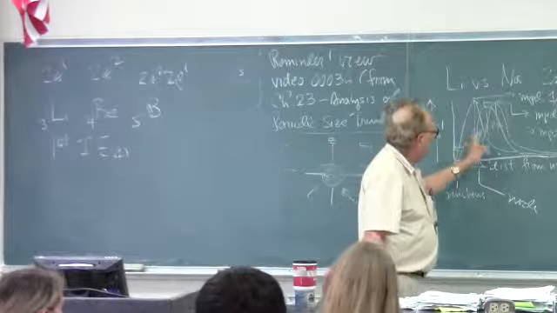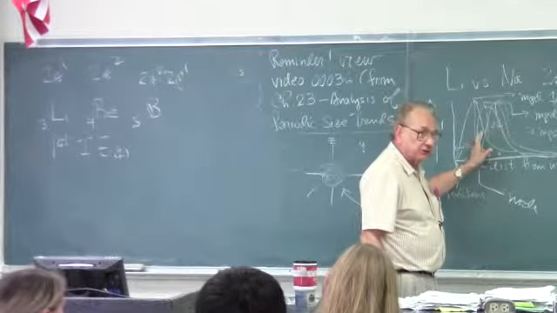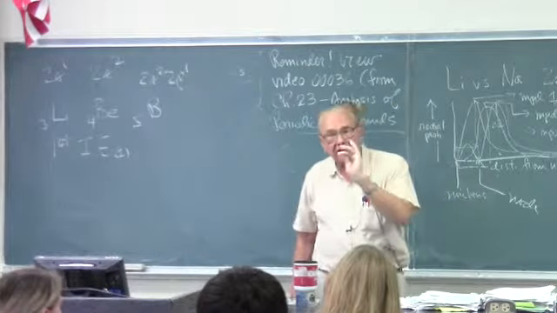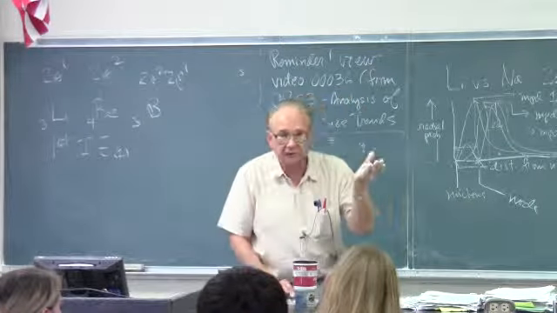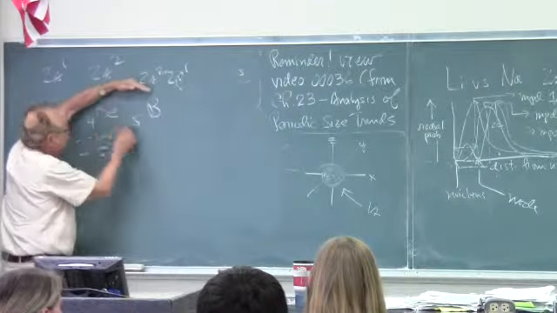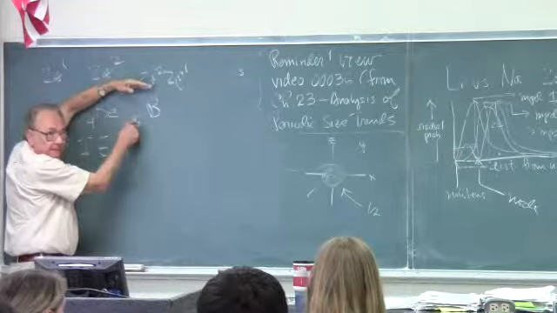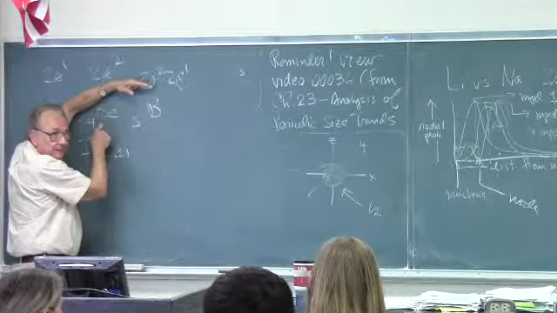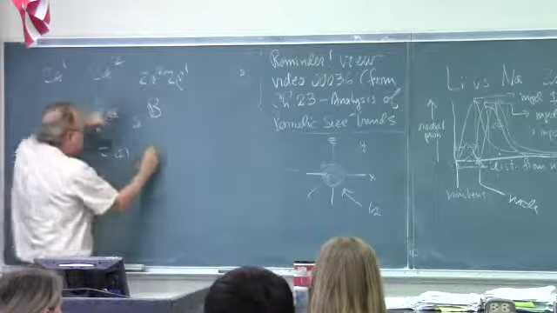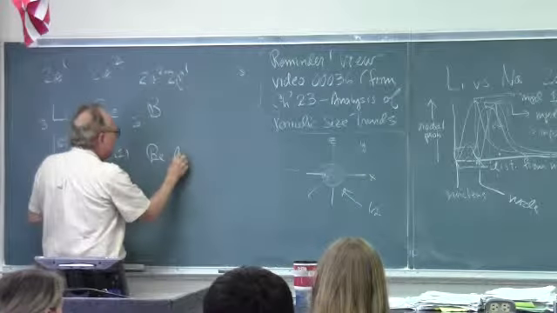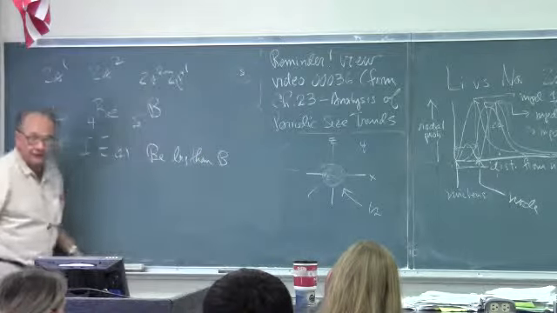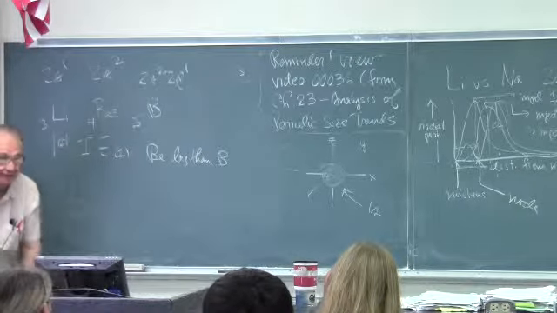Well, if MPD2P is closer, shorter distance from the nucleus than MPD2S, and boron's got 5 protons in the nucleus versus beryllium only 4 protons in the nucleus, which of these atoms is larger? Which one is larger? Beryllium is larger. Be larger than boron. Okay, so far? Now comes the fun question.